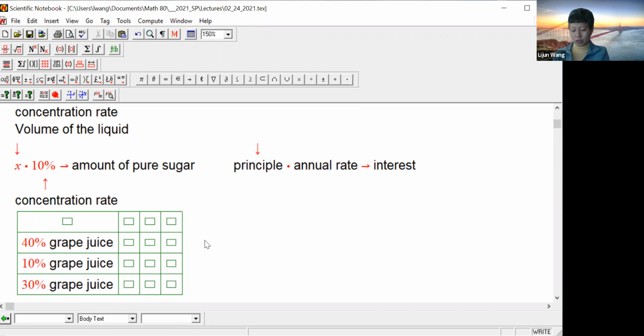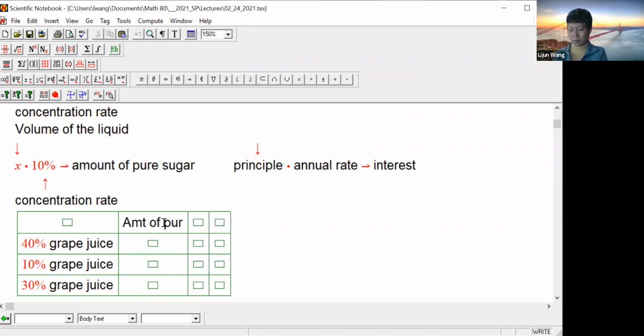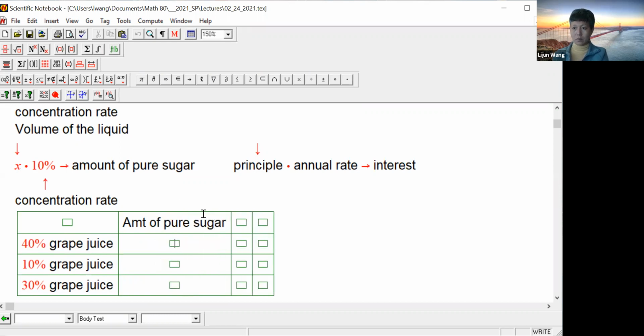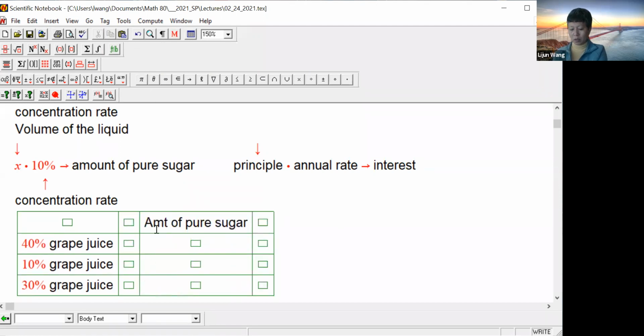And the amount of pure sugar. Or let me put this over here. How much do I have? What's the volume?